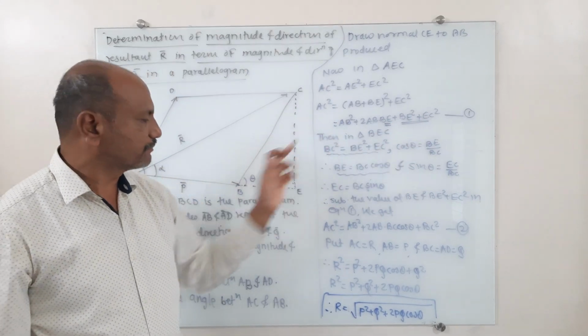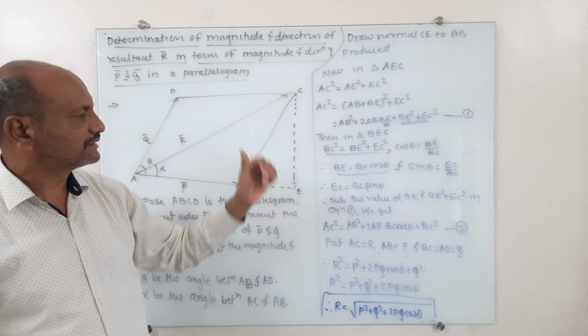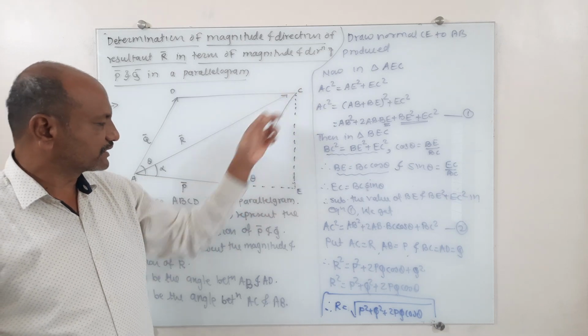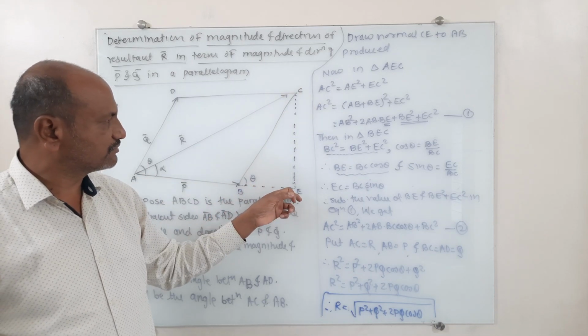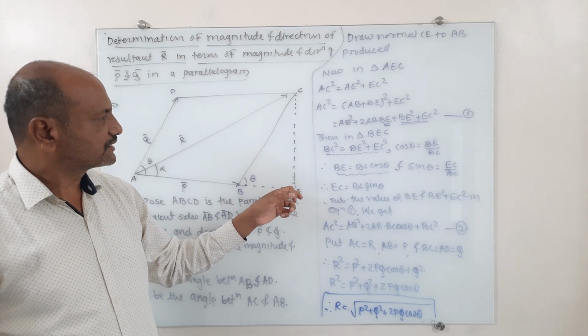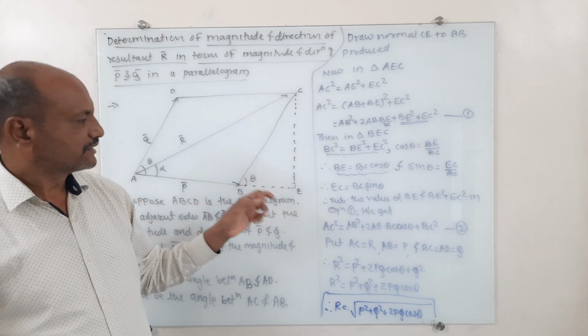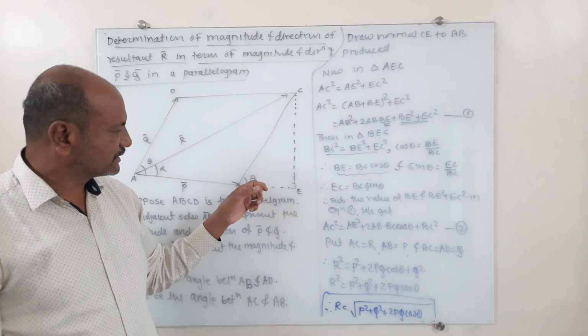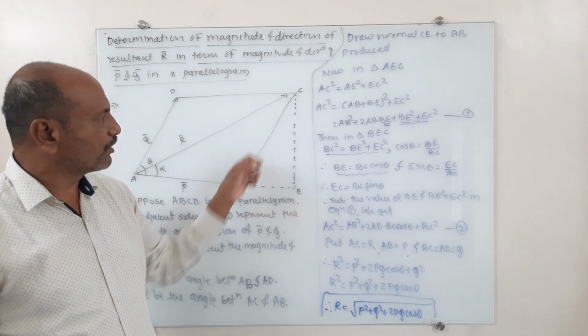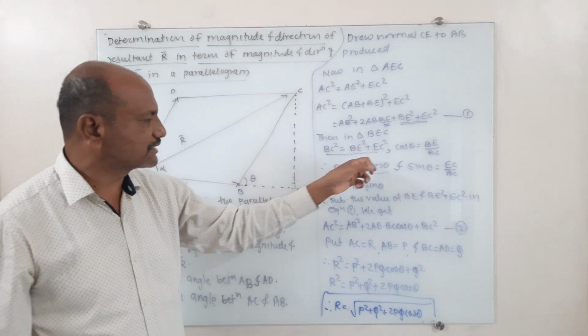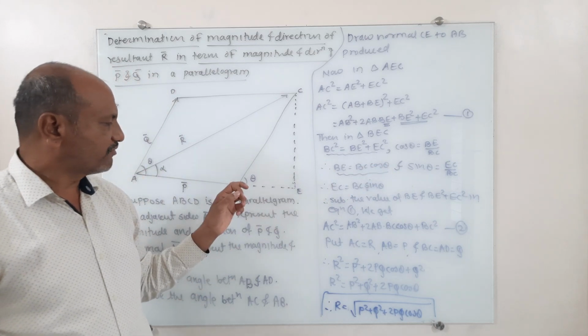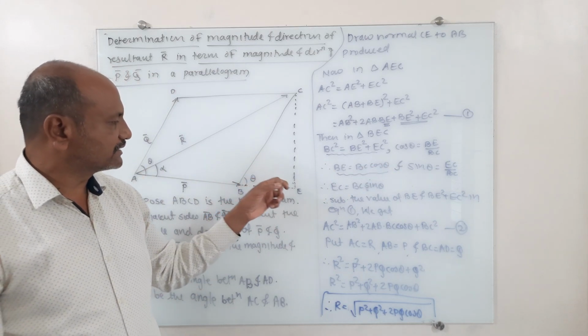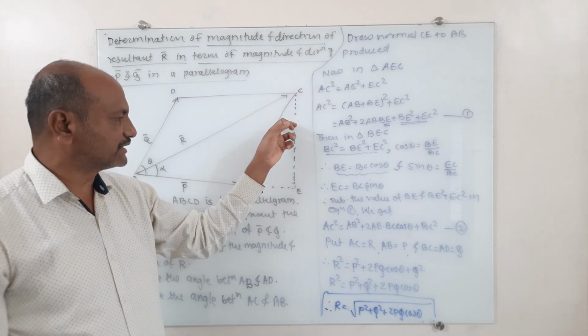Then in triangle BEC, BC square is equal to BE square plus EC square. Cos theta is equal to BE upon BC, and therefore BE is equal to BC cos theta. And finally, sin theta is equal to EC upon BC.